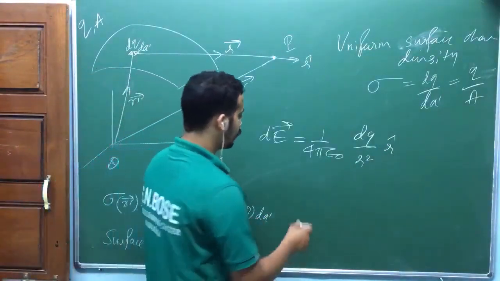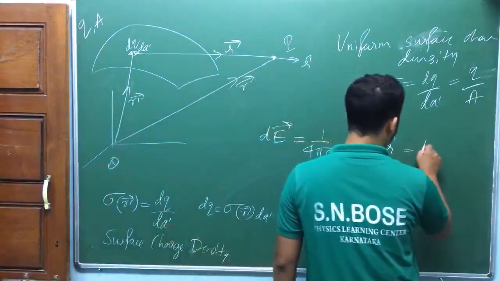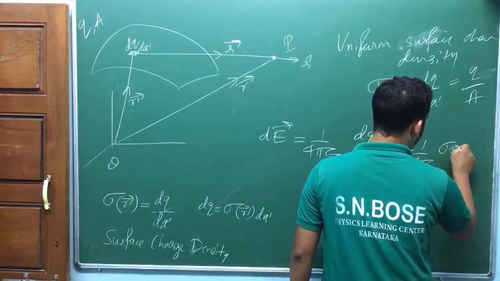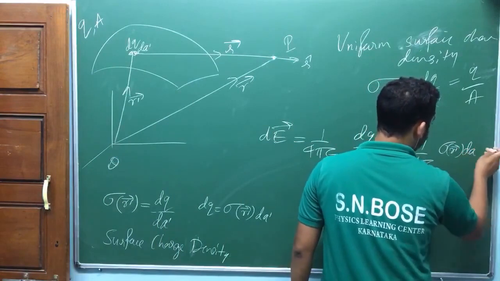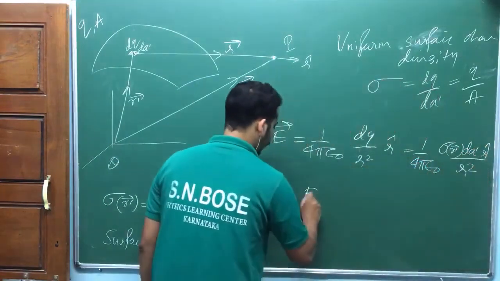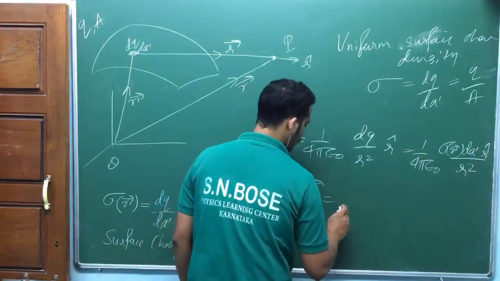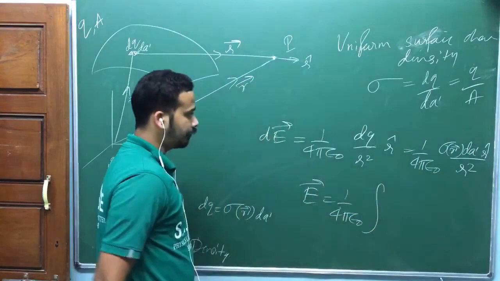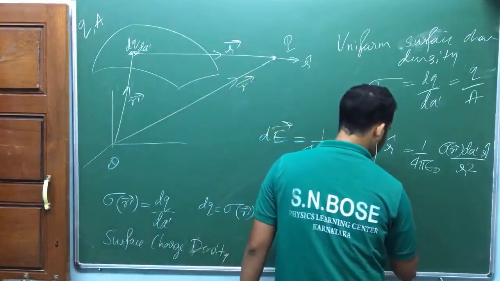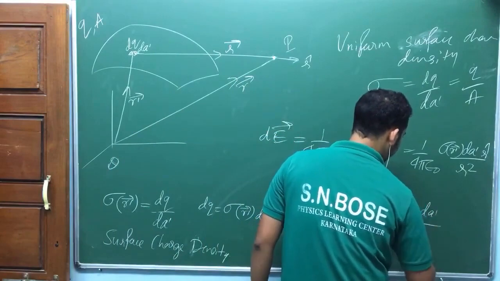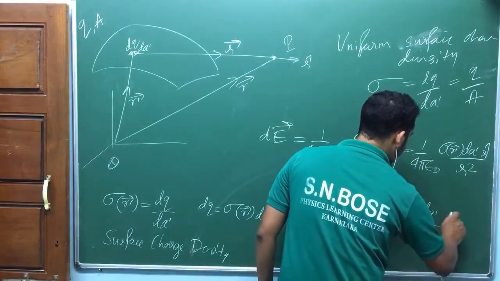So this is equal to 1 by 4 pi epsilon naught sigma of r prime dA prime r cap divided by r square. If you want to find the total electric field, you just integrate: 1 by 4 pi epsilon naught integral of sigma of r prime dA prime divided by r square into r cap.